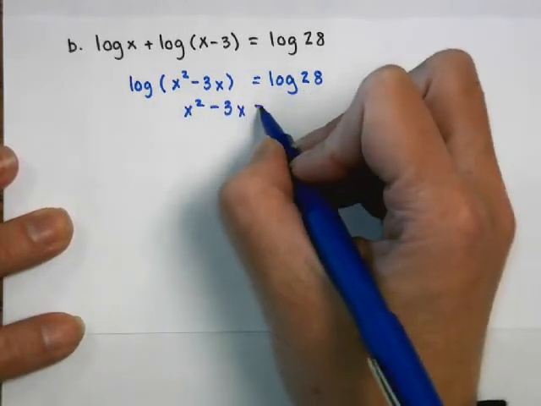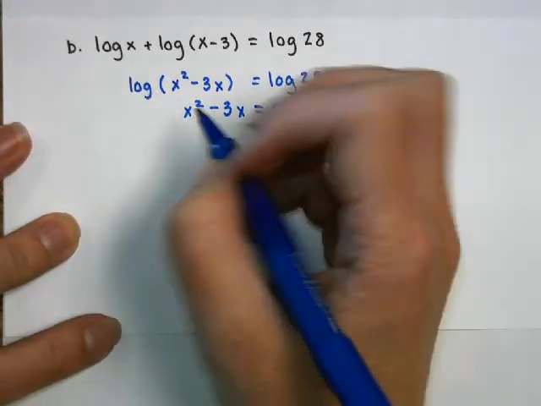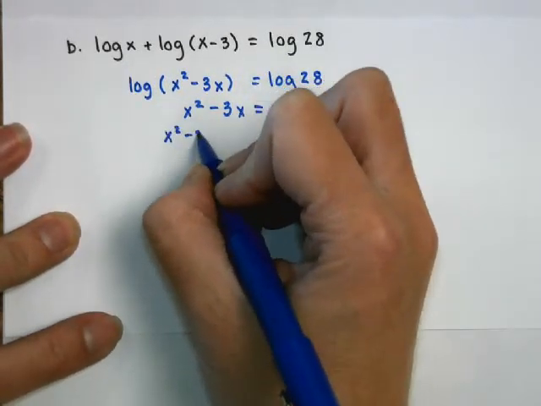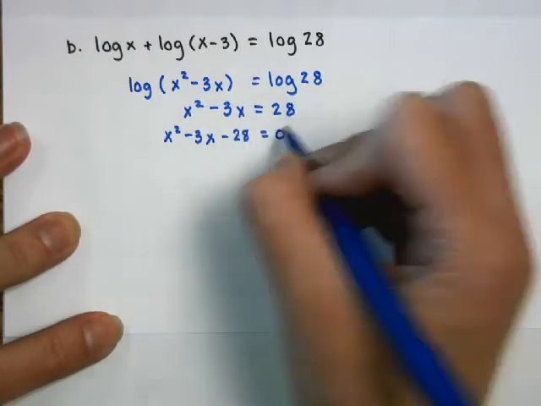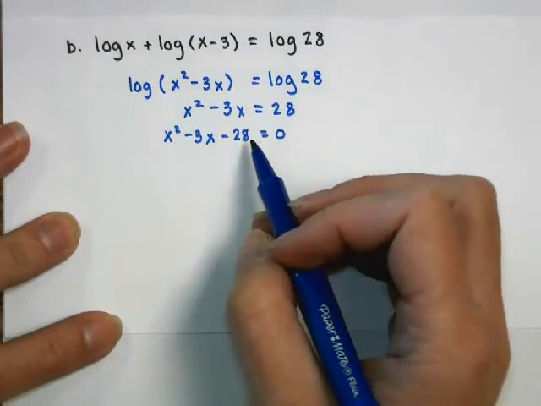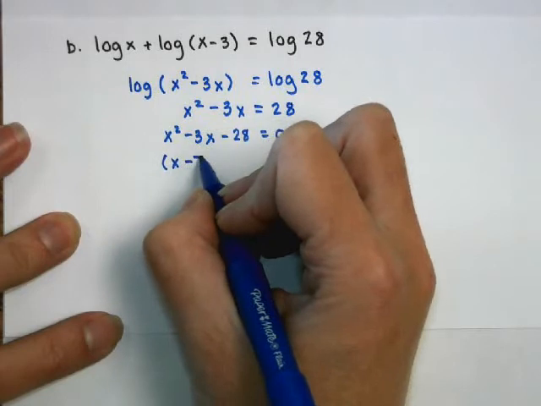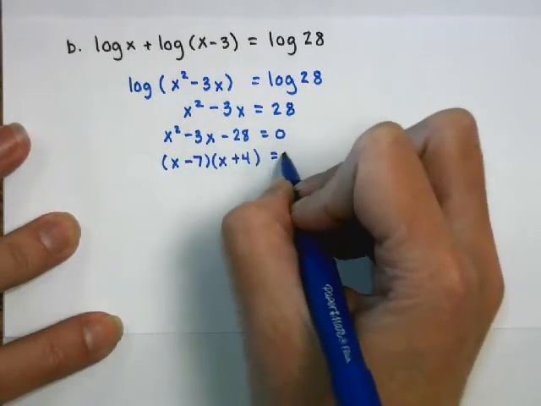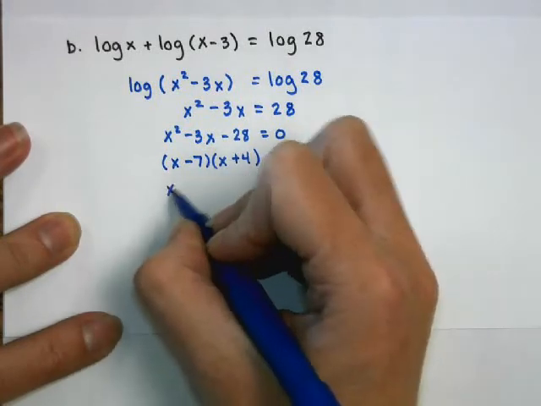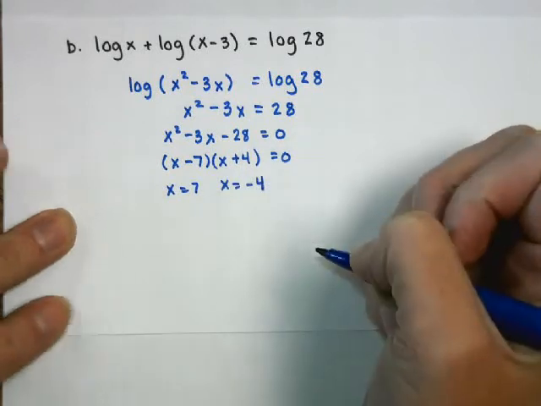So x squared minus 3x equals 28. Since we have an x squared and a linear term, that means we're going to need to factor. So we're looking for the two numbers that multiply to get negative 28 and add up to get negative 3. So that's going to be negative 7 and a positive 4. So either x is equal to 7 or x is equal to negative 4.